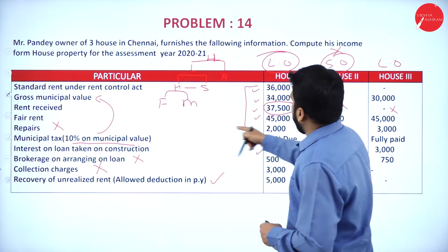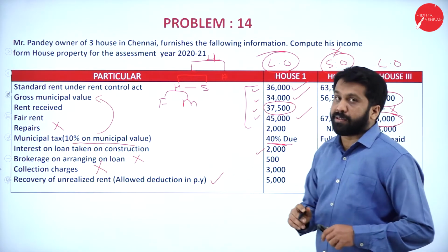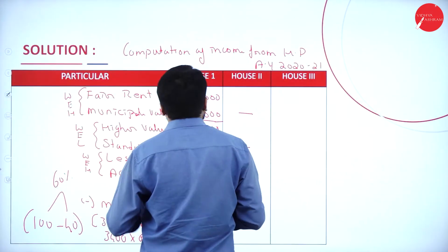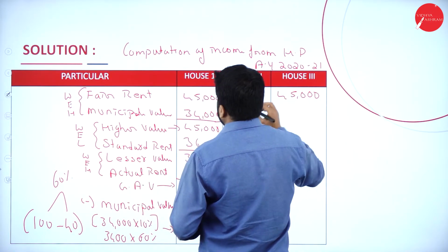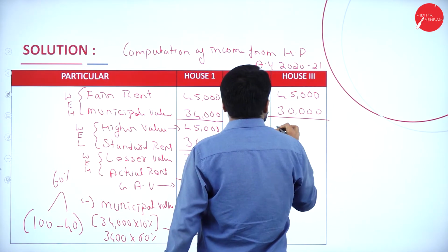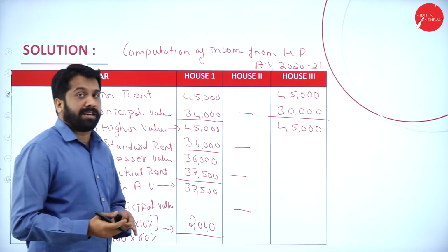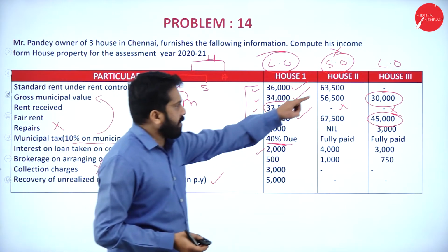Your fair rent also you have. Fair rent is 45,000. Municipal value 30,000. Whichever is what? Higher. Now, your fair rent 45,000 and this will be 30,000. Whichever is higher? 45,000 is the higher value. Now, is there anywhere standard rent?